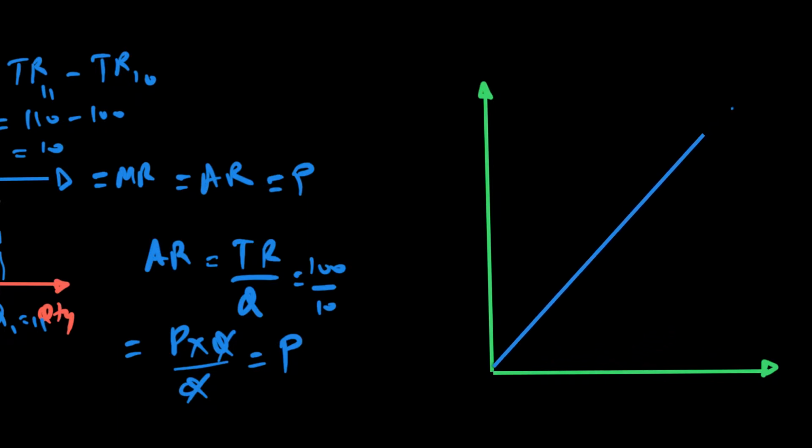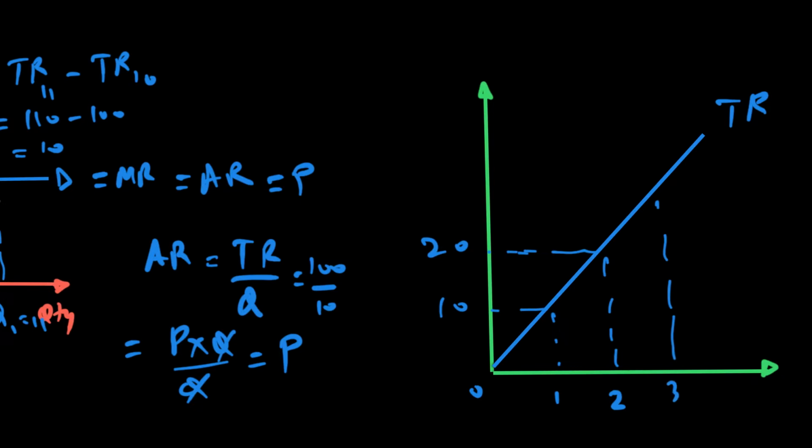Well, look at this, guys. When I sell nothing, my total revenue is 0. When I sell the first unit, if my price is $10, I'm going to make $10. What if I sell 2 units? My total revenue will be $10 times 2, which is 20, and so on and so forth.